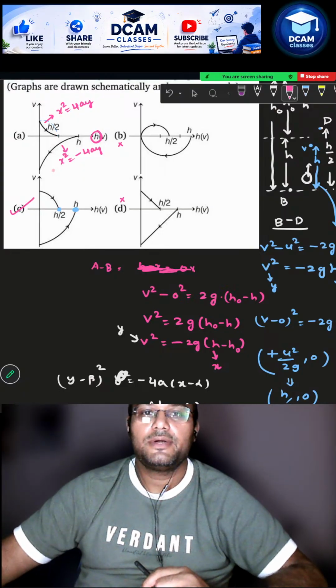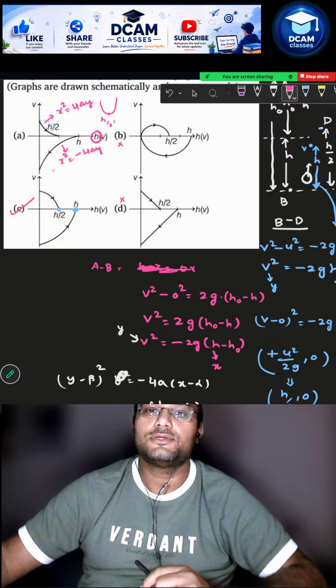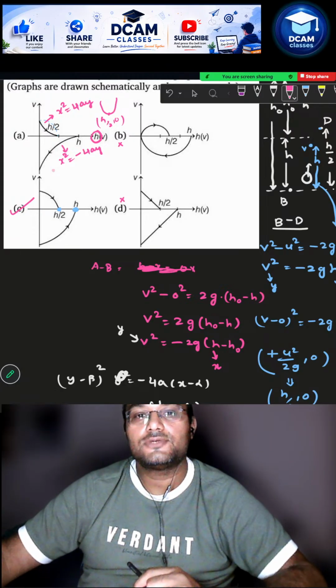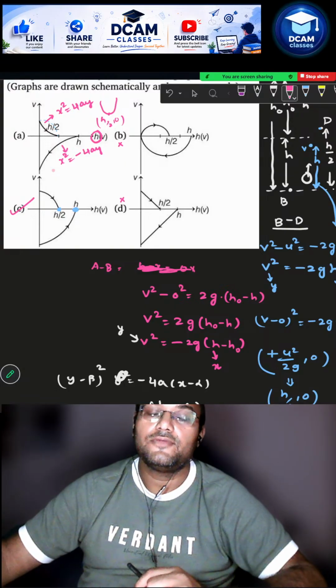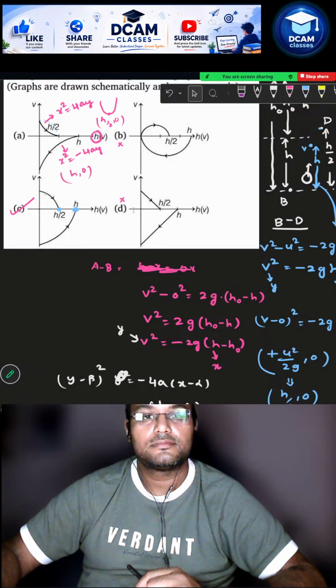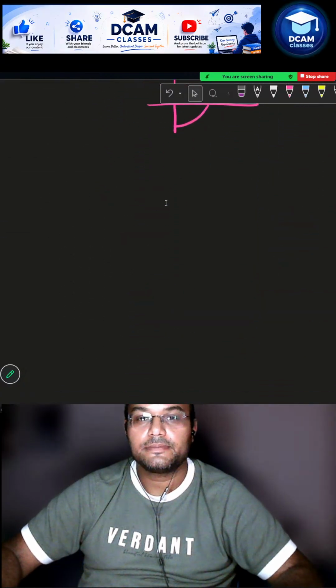Because x square equals 4ay is opening upwards with vertex at h by 2, 0. And for the rebound it would be x square equals minus 4ay with vertex at h, 0. Okay, like that.